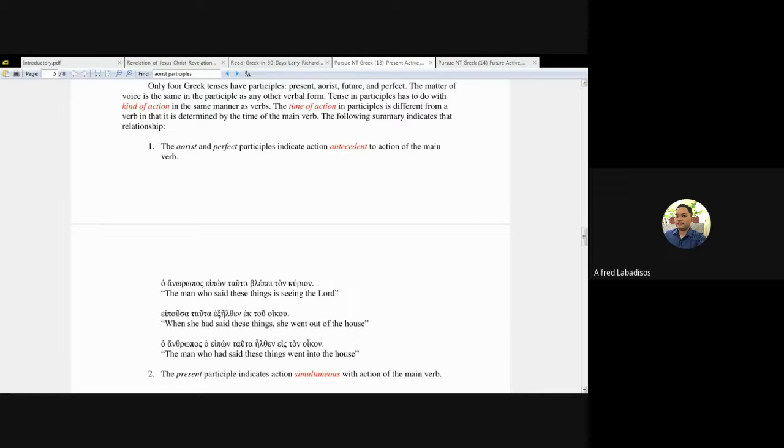So when you parse a verb, you give the tense, you give the voice, you have to give the mood, the number, the person, and the lexical form.